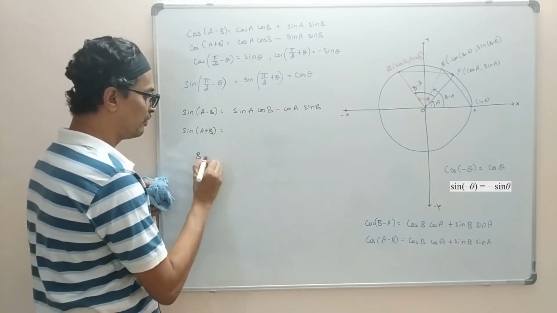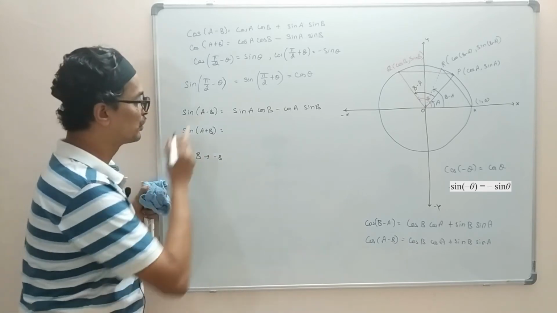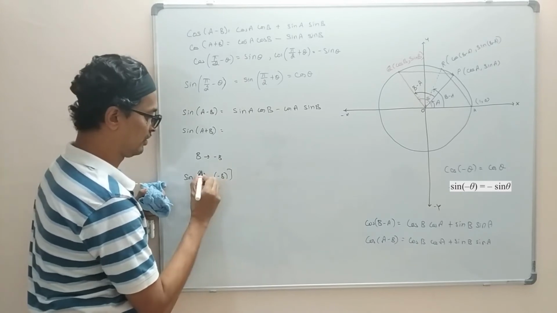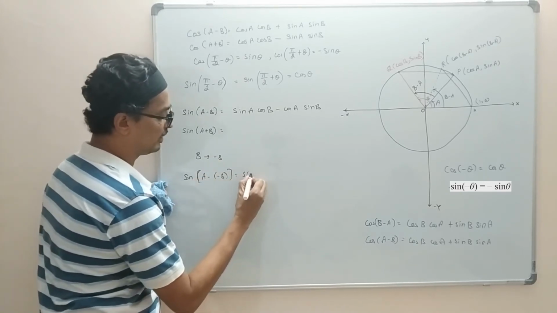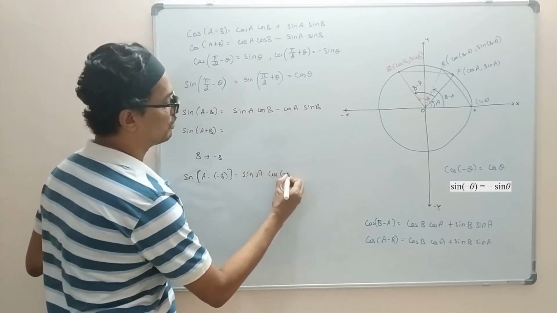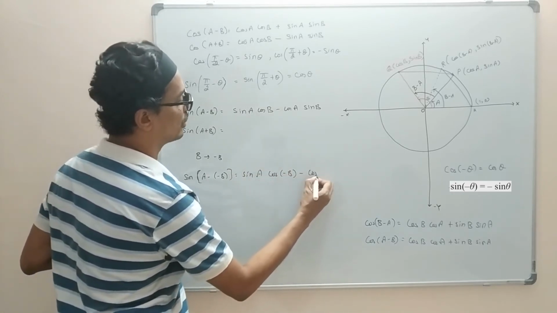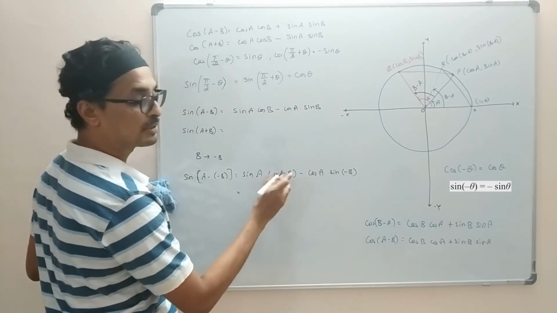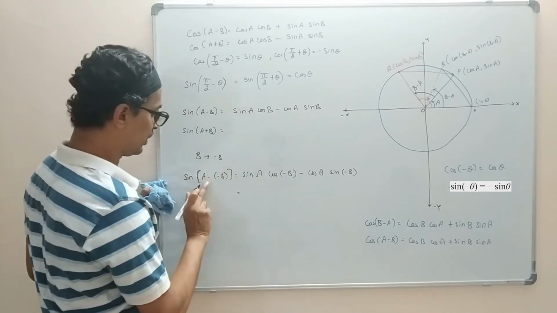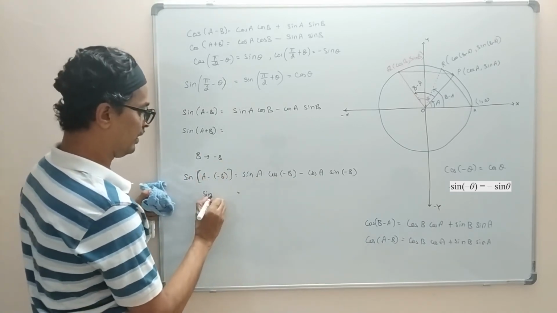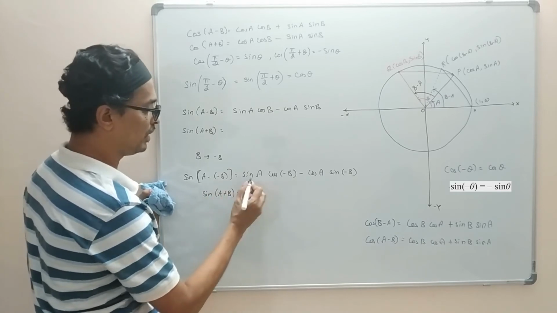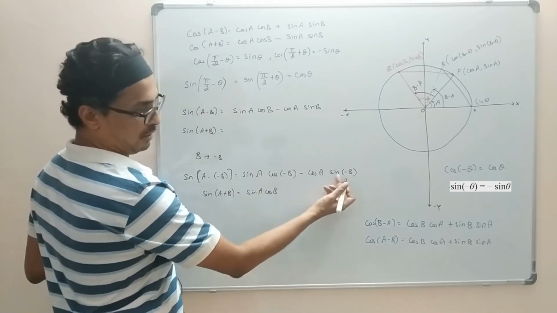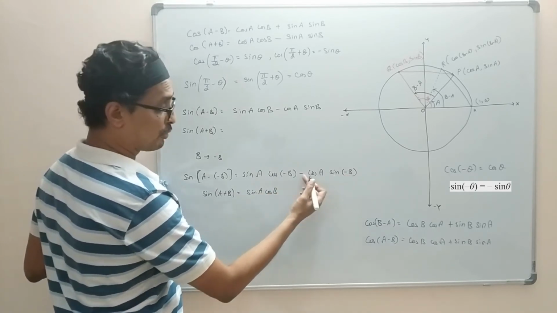Just replace B with minus B. So this will be sin of A minus minus B, that will be sin A cos(minus B) minus cos A sin(minus B). Now cos of minus B is cos B, and sin of minus B equals minus sin B. So minus minus becomes plus.